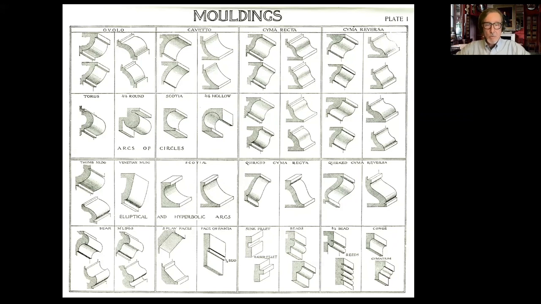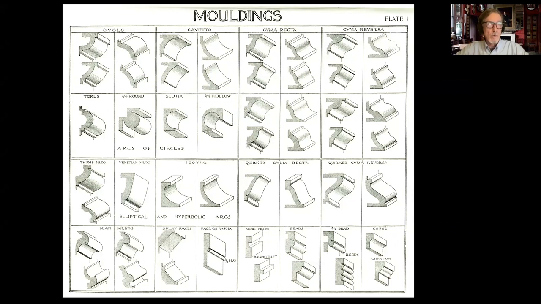This is a chart from William Ware. This is from the American Vignola, one of the books I recommended to you earlier. And in a sense, this is a summary of all of the classical moldings. Most of the fine detail in classical buildings is built from a kit of relatively simple extruded shapes based on Platonic solids.